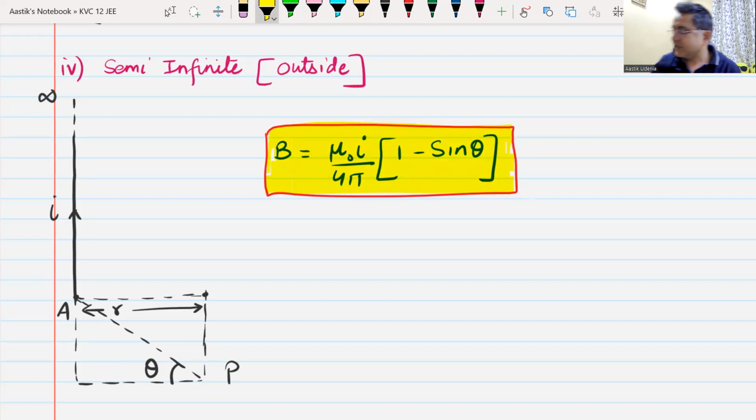This is the case where the point lies outside the wire. Instead of 1 plus sine theta, it becomes 1 minus sine theta. So first note this down, take a deep breath, we'll come back to that. Once you are done with this, let me know, and I'll take you back to that one.